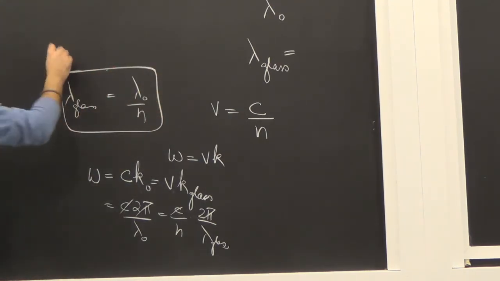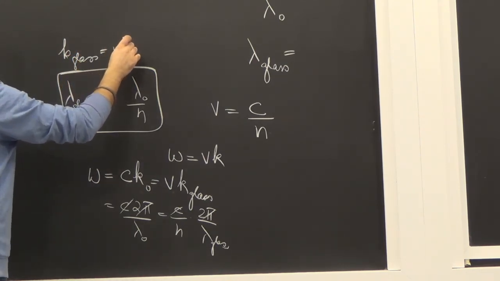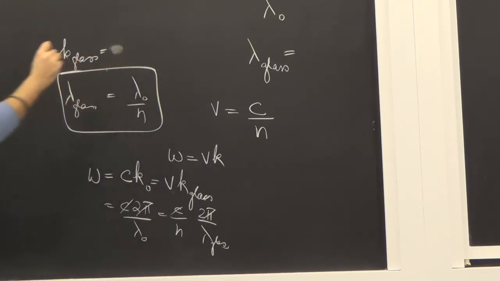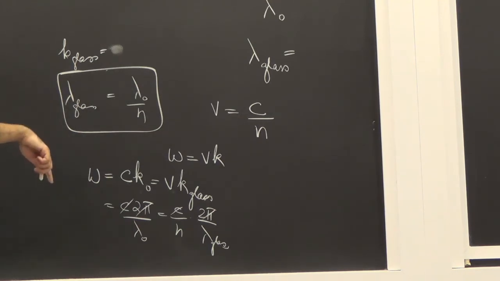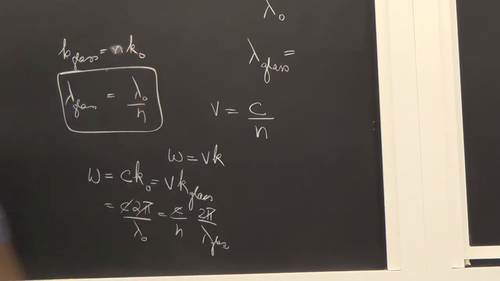Or correspondingly, k glass is n times k naught. Okay. So what changed again? Once you identify this, you're pretty much done. The k becomes different here for the glass portion.